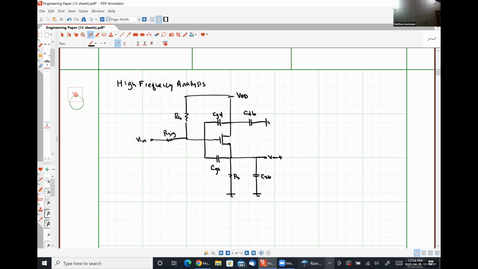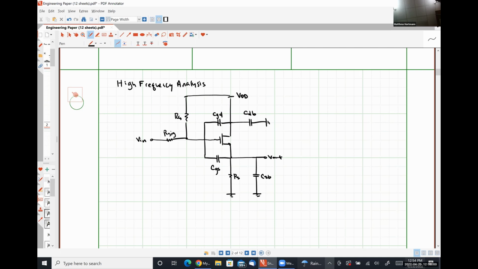So a few things that we can observe here. The first is our capacitor CDB will not play any role because the right-hand terminal is tied directly to ground and the left-hand terminal is at AC ground since it's connected to the power supply. So CDB is out, doesn't do anything. CGD can be treated as if it is in parallel with the resistance RG.